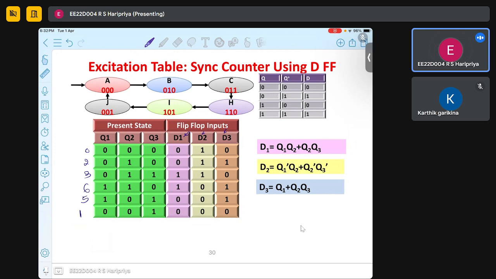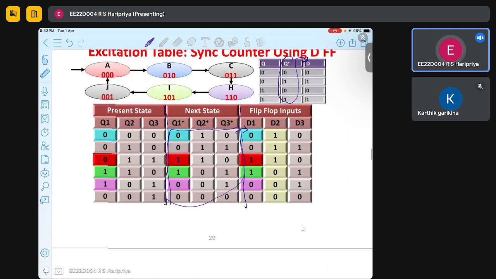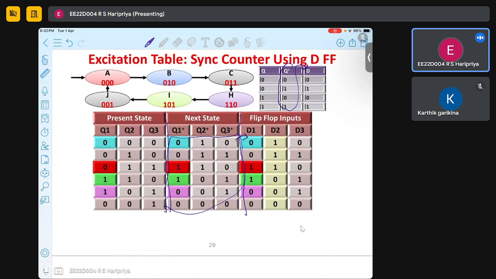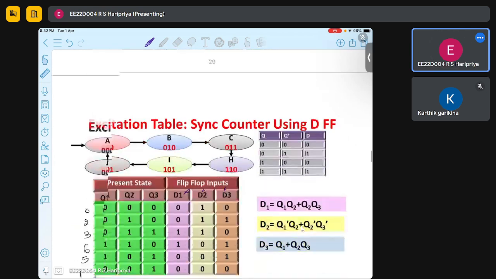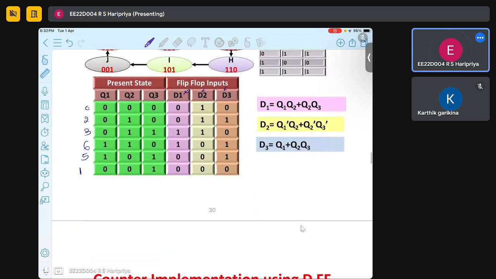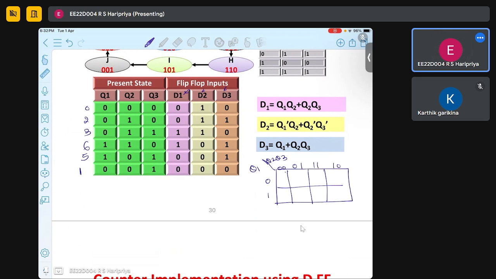When filling the K-map, this should be taken care of. So Q1, Q2, Q3. This is 0, 1, 2, 3, 4, 6, 7.